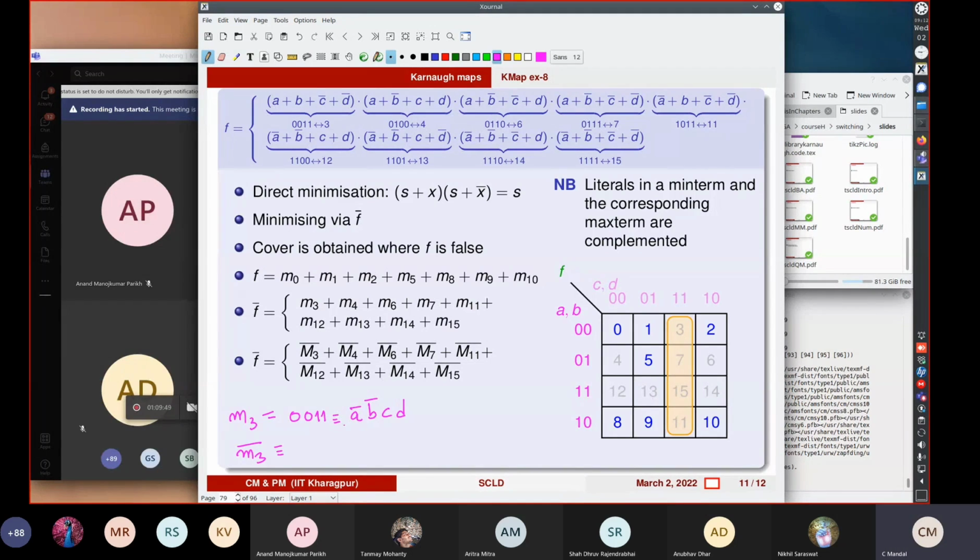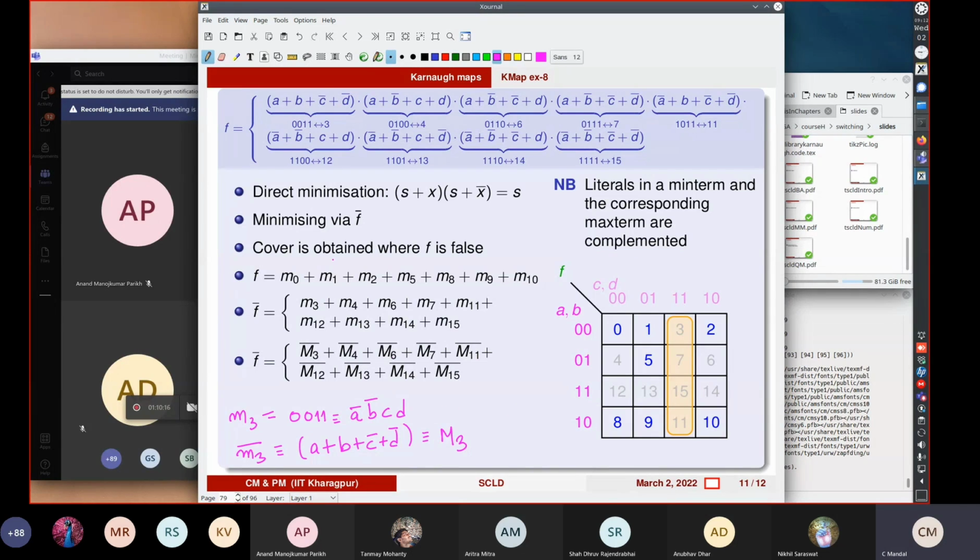You can take the complement of this, and that corresponds to M3. So this is the relation between these.